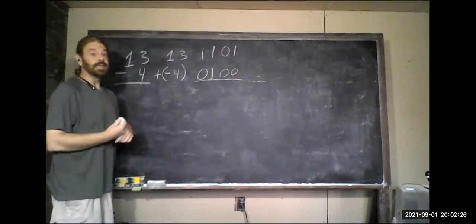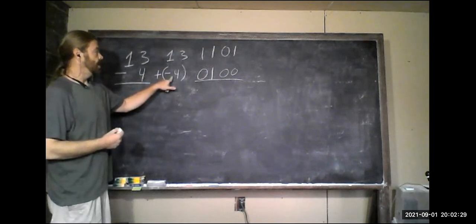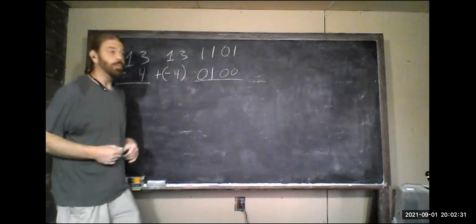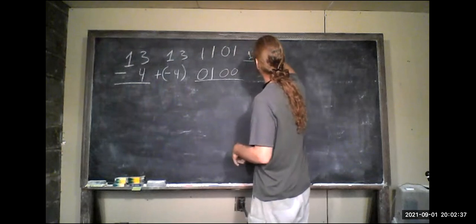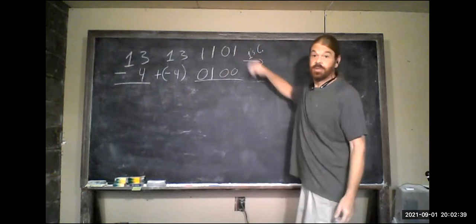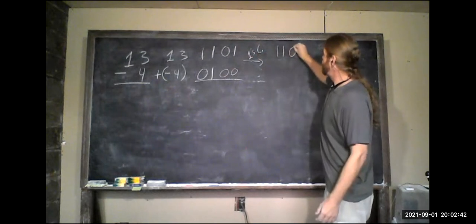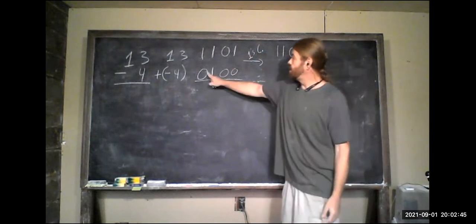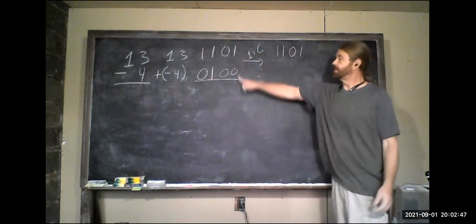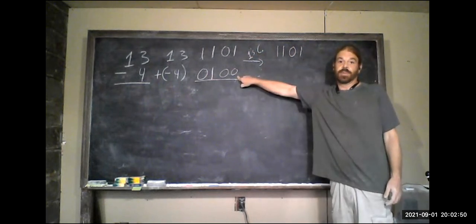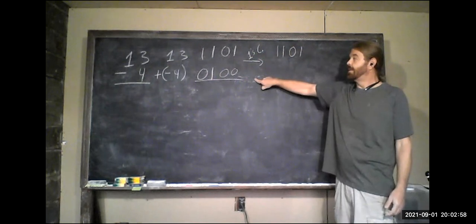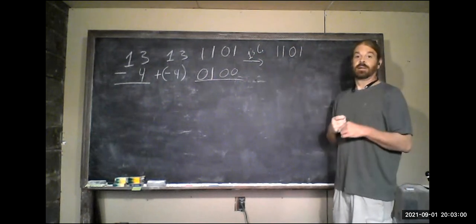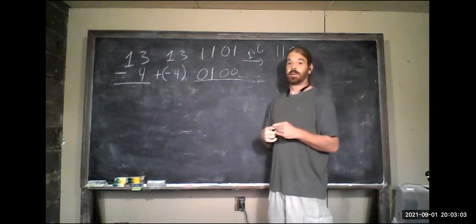And then to do the subtraction, we want to take the 1's complement and then add 1 to get the 2's complement. So to get our 1's complement, well, our positive number stays positive, 1, 1, 0, 1. And what's the 1's complement of this? Somebody type it in the chat.